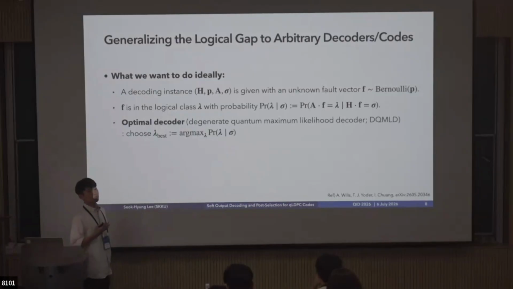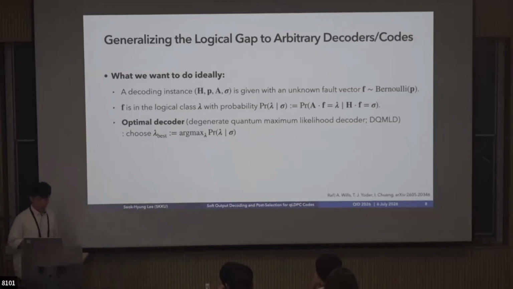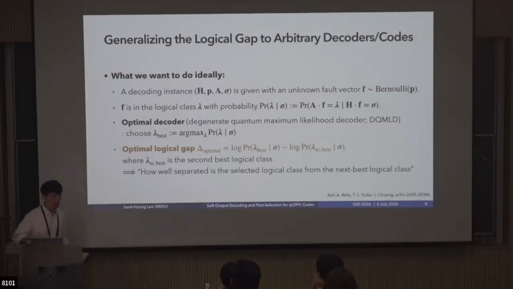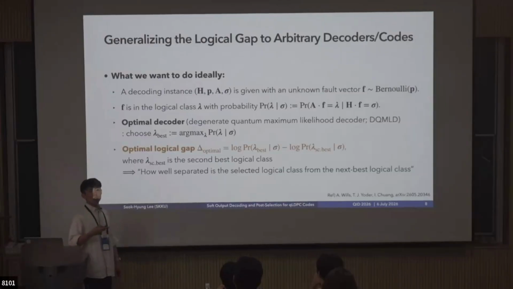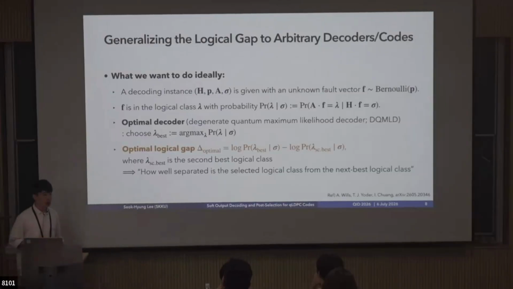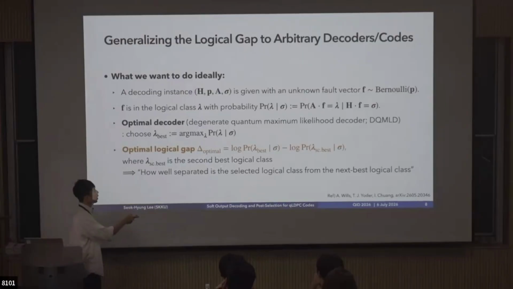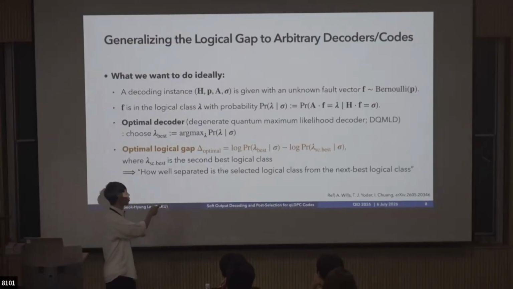Simply speaking, it is the decoder that returns the most likely logical class, assuming these independent noise models. And the optimal logical gap, or optimal complementary gap, can be defined as the difference between the logs of these two values.